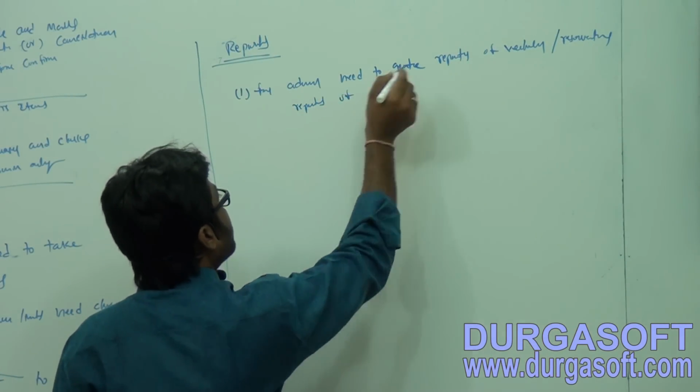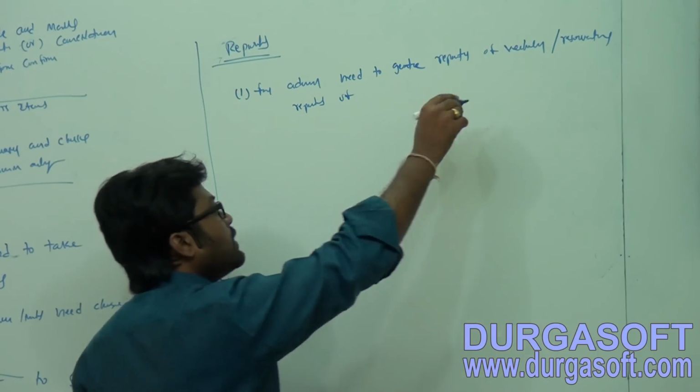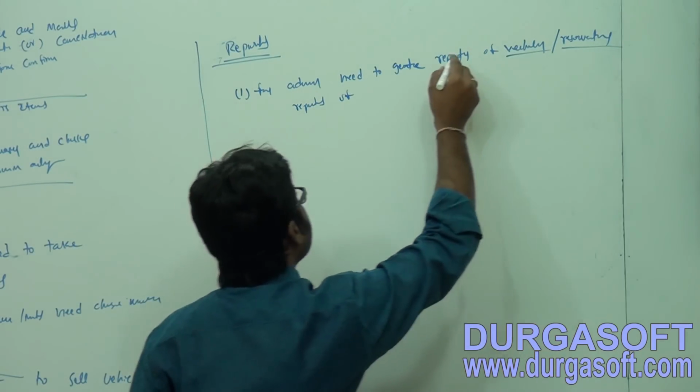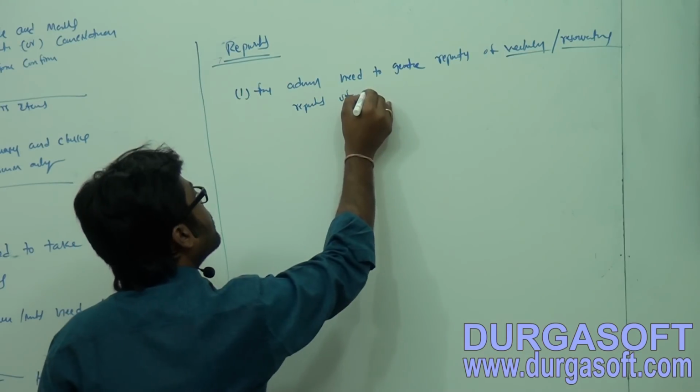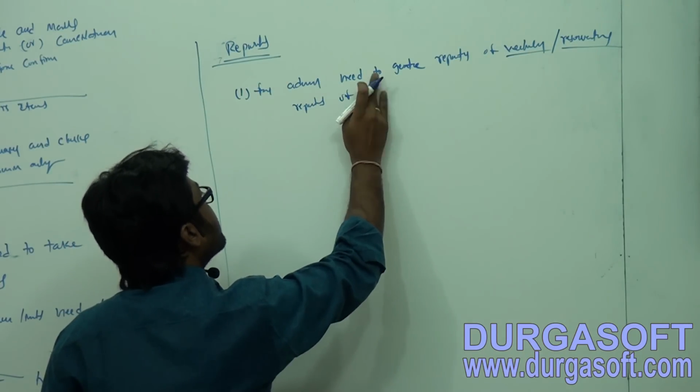Reports of vehicles means cars, reports of cars, and reports of reservations and reports of drivers.